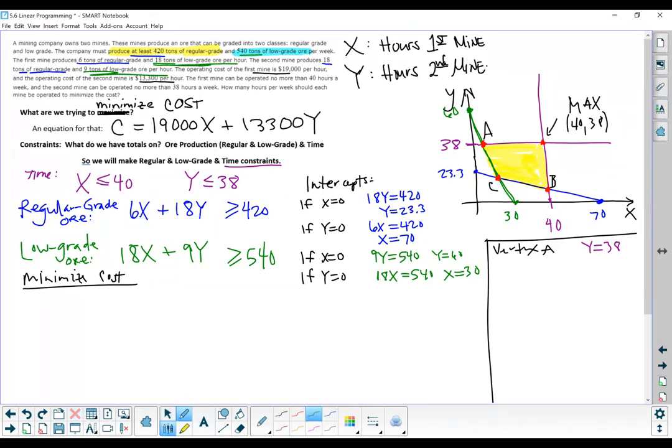I'm sorry, I subbed it into the blue line. So I need to sub it into the green line because that's the line that it's on. See, it's on the green line. So 18x plus 9 times 38 is equal to 540.